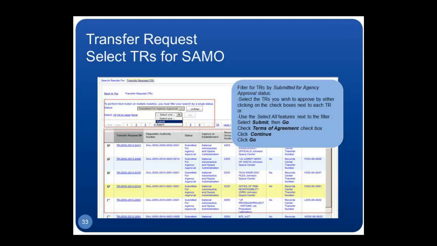Now, I mentioned earlier that when searching for transfer forms, one option is downloading transfer form information via a full download of search results and also a brief search results download.